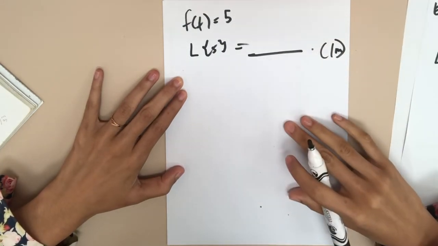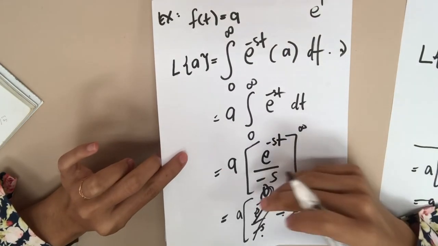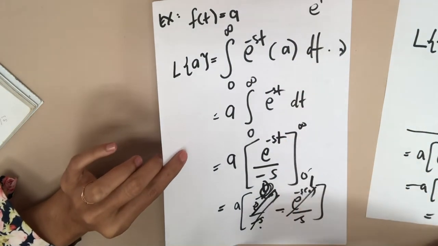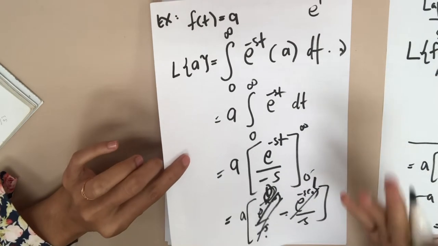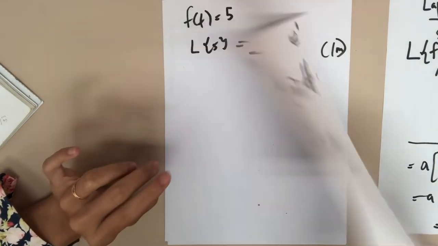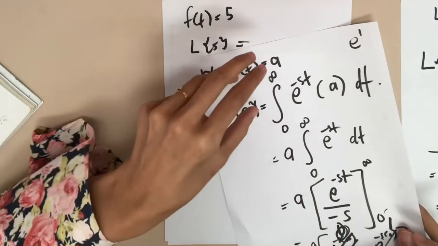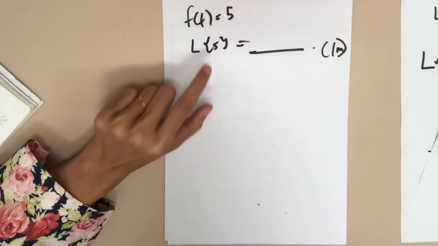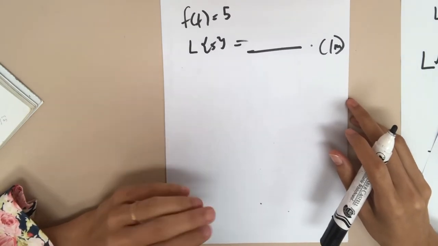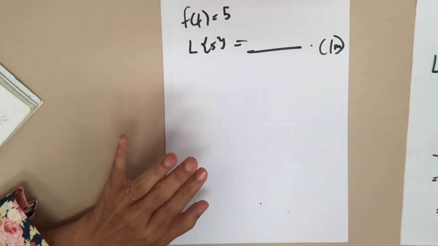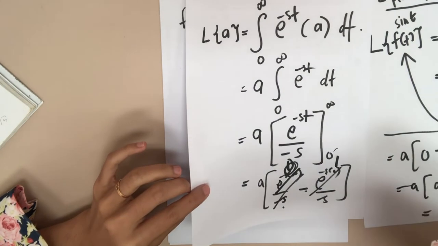Okay, class. Just now, I showed you how to find the Laplace transform for a constant. And let's say the marks is 5 or 8 or 10, it depends on how long. But now it's the same question actually, because it's the same function. I just substitute a with a number. Laplace transform of 5, and the marks is only 1 mark. Logically, of course, you won't write or calculate like this, right?